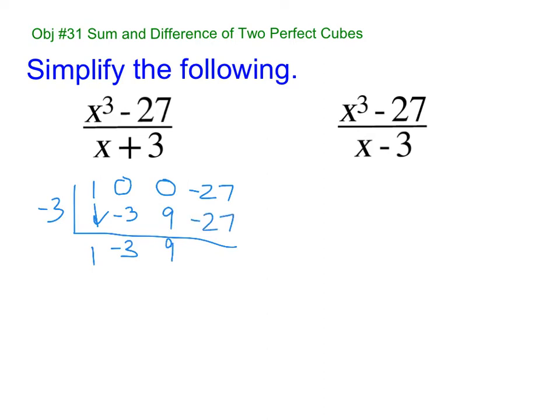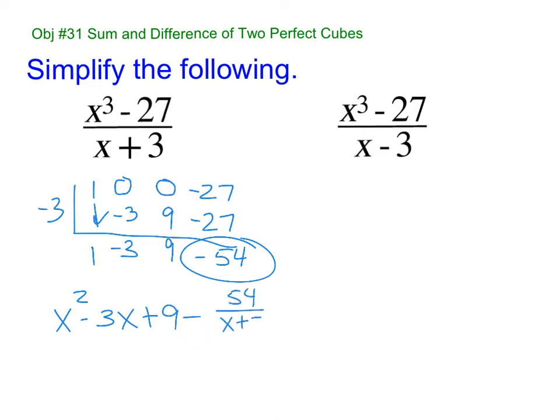Negative 27, so we get negative 54. Those do not combine, right? That didn't work. We got x squared minus 3x plus 9 minus 54 over x plus 3. So that's what we get for that first one.